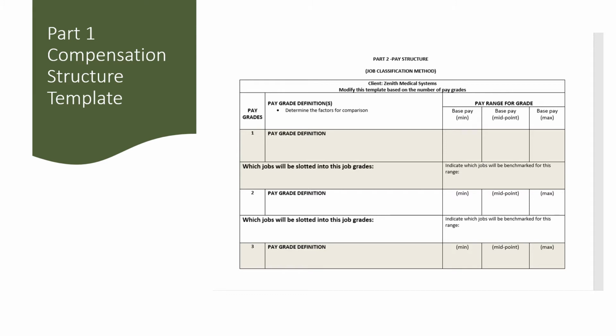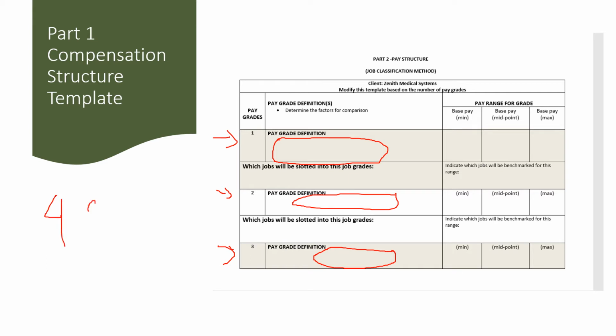So here on the screen, you can see that the expectation is that for each grade level, so here on the screen, you see 3 grade levels. In this section, you will type in your grade level definitions, and they need to be based on your 4 compensable factors, and that is skill, effort, responsibility, and working conditions, okay, as we discussed in class.